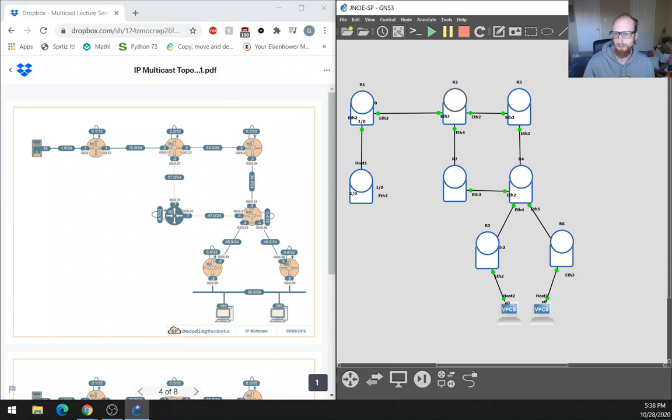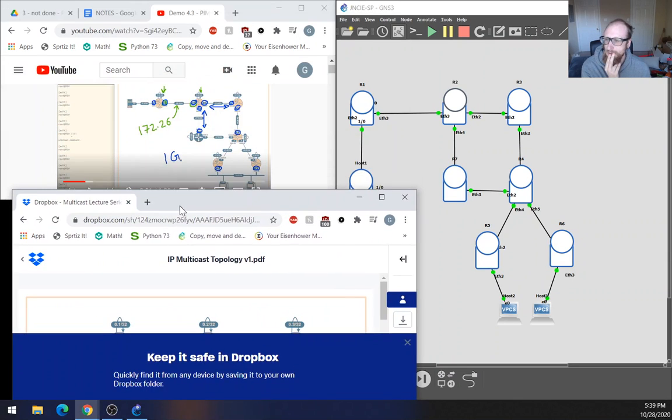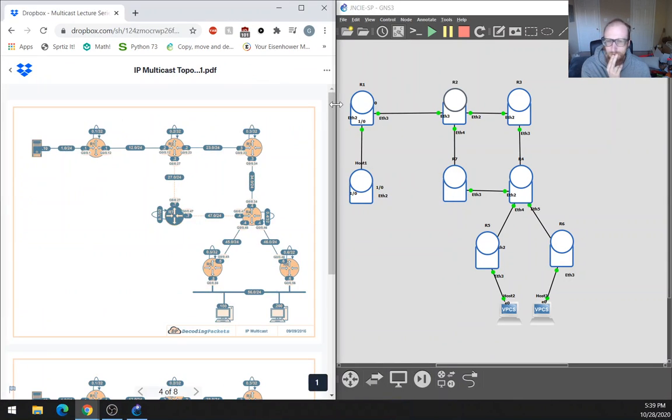Yeah, that's all I've got left to do. I'm gonna save the hosts for later, for last. So he's going with 172.26 for all these. So let's take care of that next.